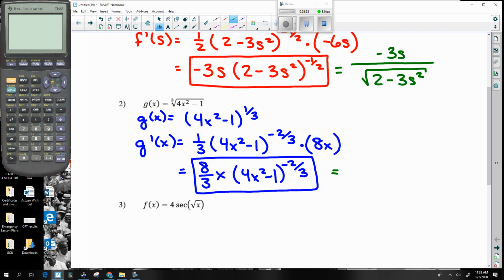However, as I said before, they will take care of the negative. So here we have a 3 on the bottom, an 8 on the top, an x on the top, and a 4x squared minus 1 to the 2/3 on bottom. As I said, the 8 is on top and the x is on top. That's what it's really going to look like.